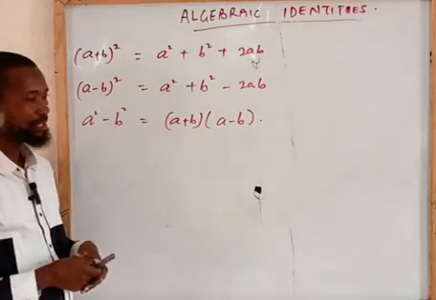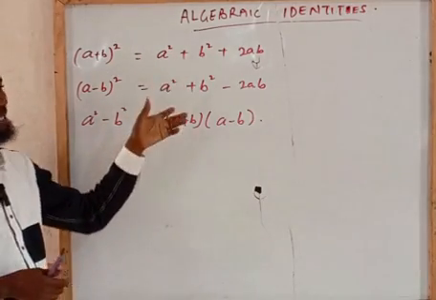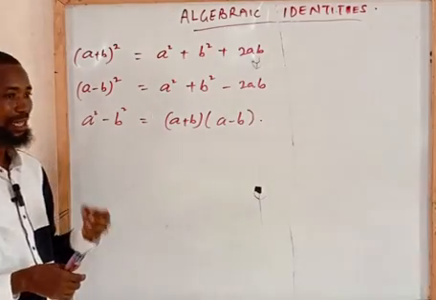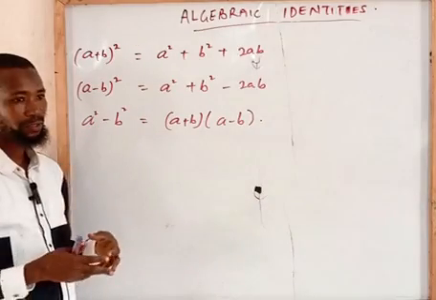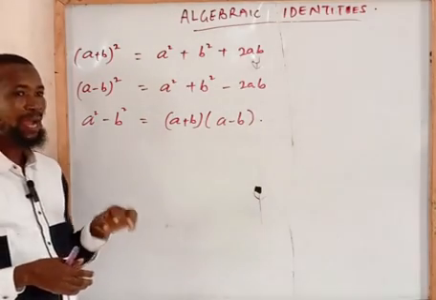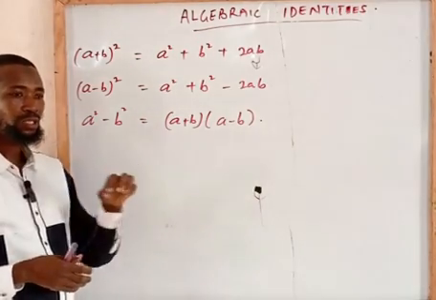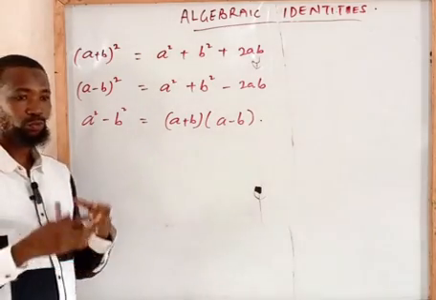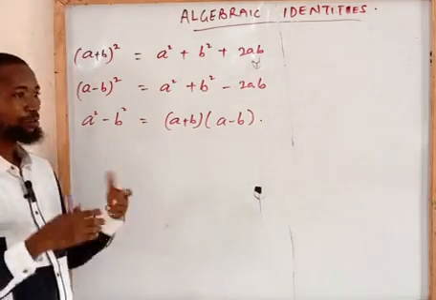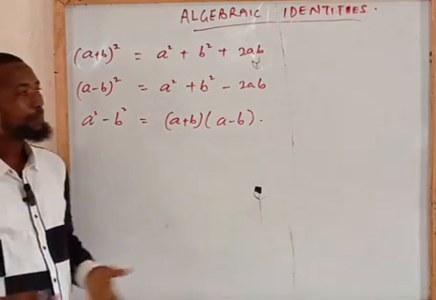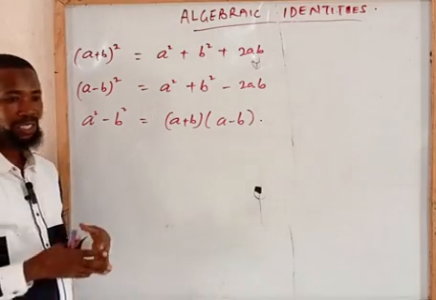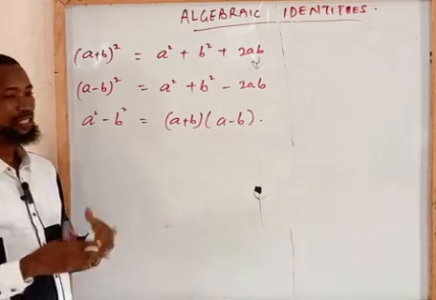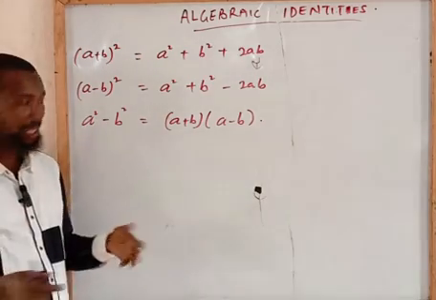introduction of those coefficients and the rest. Also, this idea of identities enables us at times to solve questions by not following the normal procedure by which such questions can be solved. So we know there are some questions that, in order for us to deal with them or to solve them, we need to make use of a system of simultaneous equations, especially when it contains two different equations.